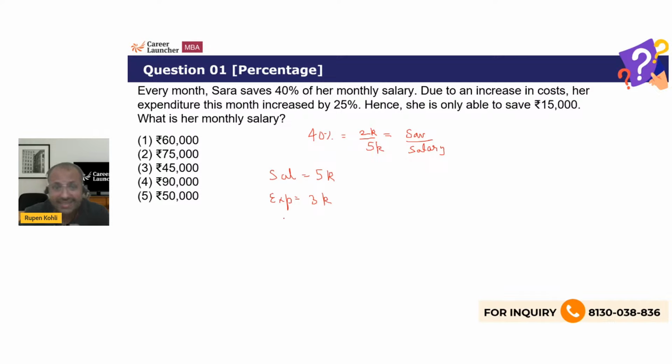Due to an increase in the costs, her expenditure increased by 25%. So this was her original expenditure. Now there'll be an increase in this. So what's the new expenditure? 25% more. So 1.25 times, or 5 by 4 times of the initial value. So that is coming to be 3.75K, right? 5 into 3, 15 by 4 is 3.75K, right?